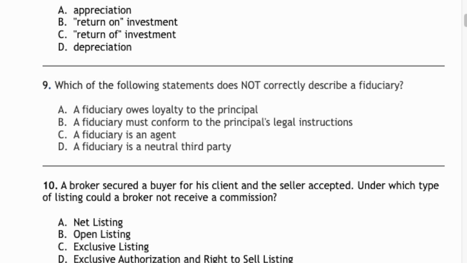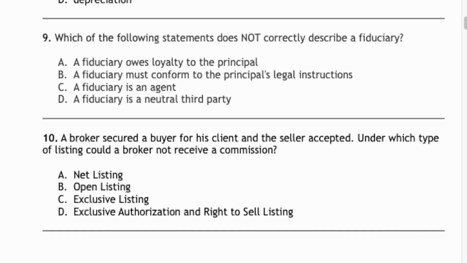The answer is D. The broker or property manager has a fiduciary duty to work in the best interests of their client, so a fiduciary is not generally neutral. They are not neutral. They represent.